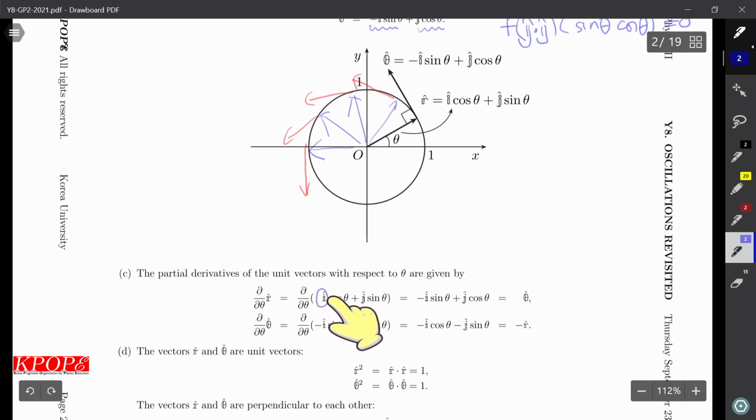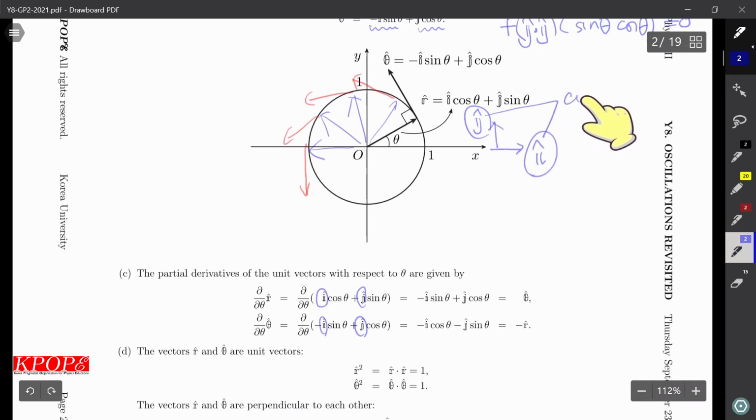However, i hat and j hat are unit vectors fixed to the Cartesian coordinates, and these are constant vectors.